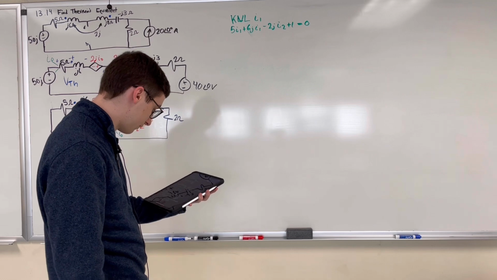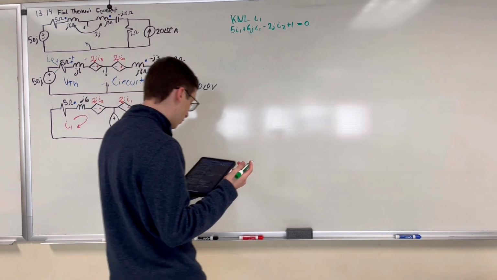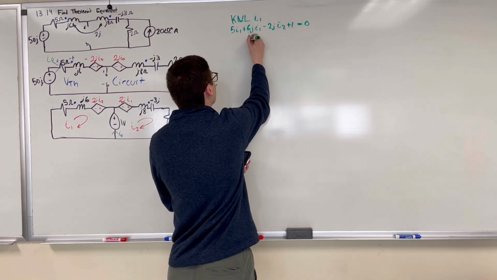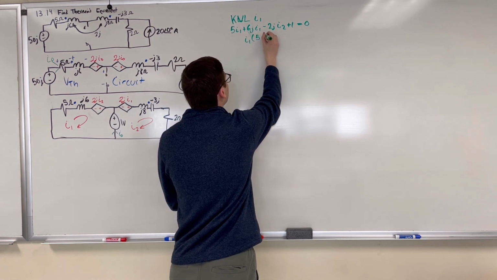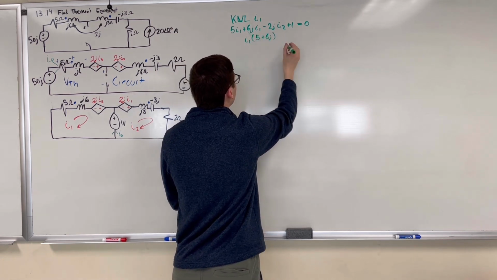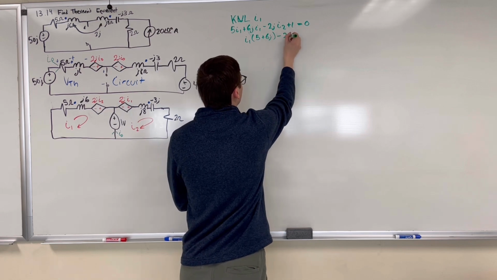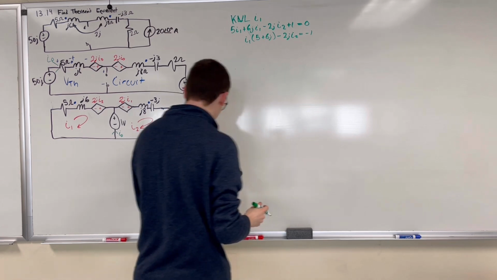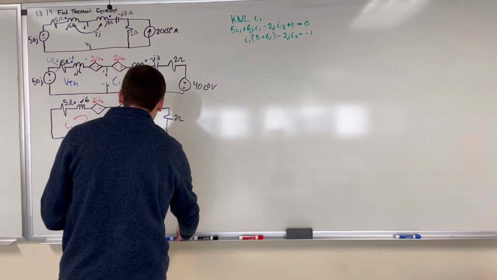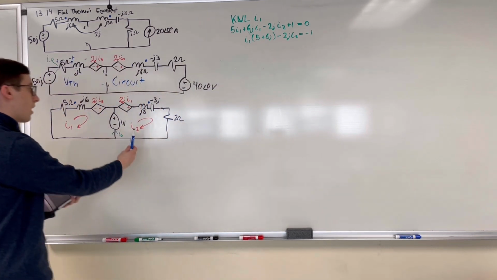Now if you move some stuff around, it's I1 times (5 plus J6) minus 2J I2 is equal to -1.